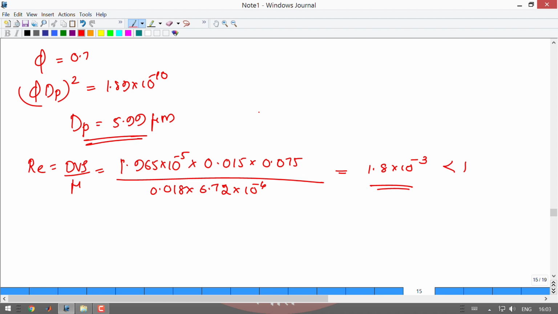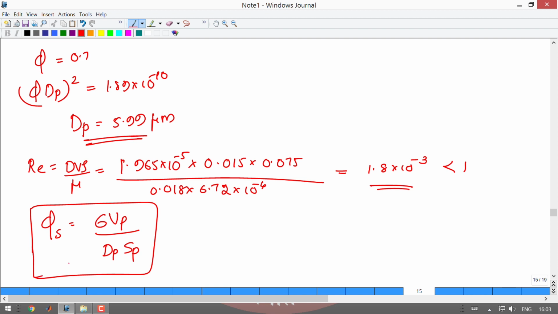And the next thing is we have to calculate the surface area of the particle. For that we have the relation sphericity equal to 6 Vp divided by Sp dP.